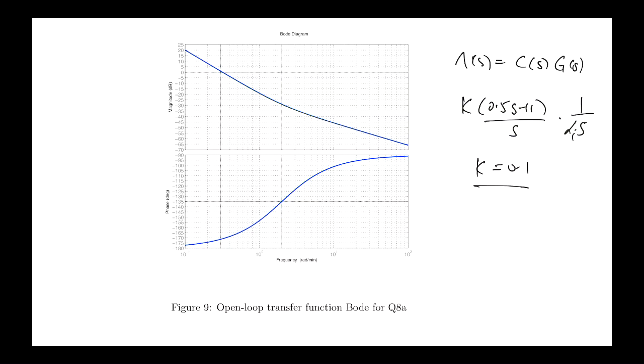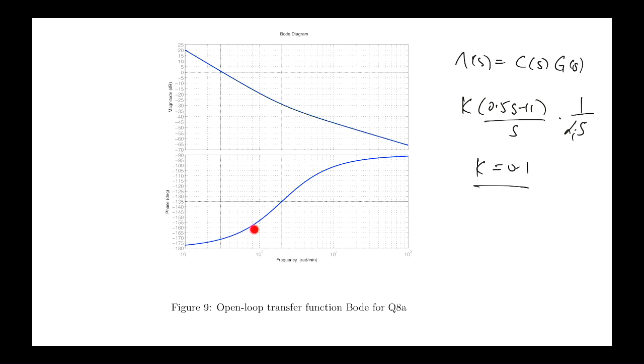You can see that the phase starts off at low frequencies at minus 180. Why? Because we have two poles at s equals 0, and the phase of two poles at s equals 0 will be minus 180 for all frequencies.